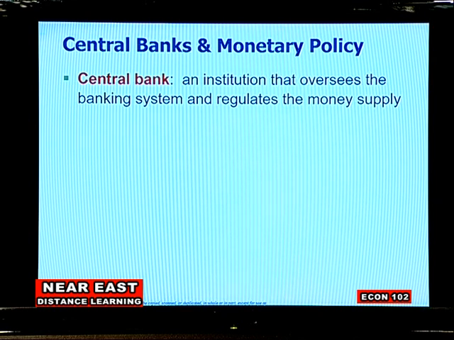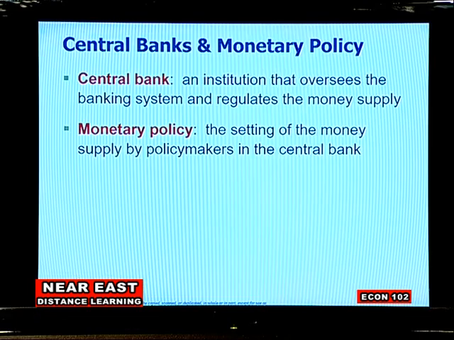It ensures that all the commercial banks are operating properly and that money supply is regulated so that the economy is neither experiencing inflation nor deflation. So the central bank uses the money supply to fine-tune and regulate economic activities in order to achieve overall happiness and well-being. The monetary policy is the setting of money supply by policy makers in the central bank.